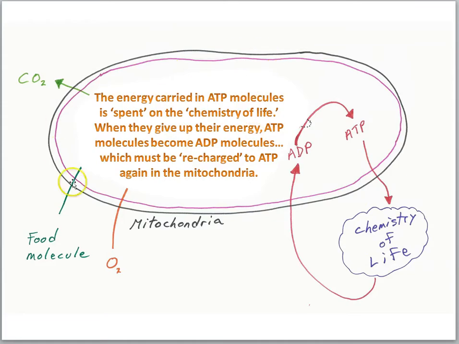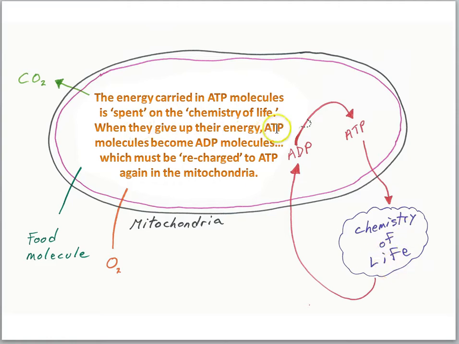Now, if we imagine this is our mitochondria here, then the energy carried in ATP molecules is spent on the chemistry of life. So here we see outside the mitochondria, this would be in the cytoplasm, for example, we'll call that the chemistry of life going on there. Well, the ATP that's being produced in mitochondria will give up its energy to power the chemistry going on in the cytoplasm.